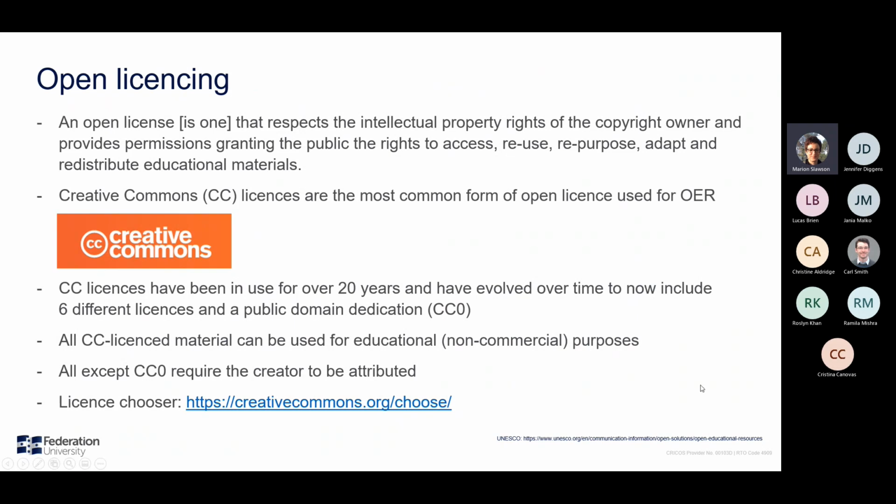That CC there is followed by a zero, it's not an O, and that just basically means that there is absolutely no obligation to do anything in relation to acknowledging the copyright owner or the licensee of that particular work. So someone can create something and immediately give it a public domain license, so they don't even need to be acknowledged as the creator of that work, as I mentioned there.